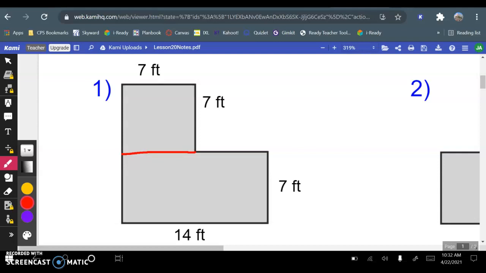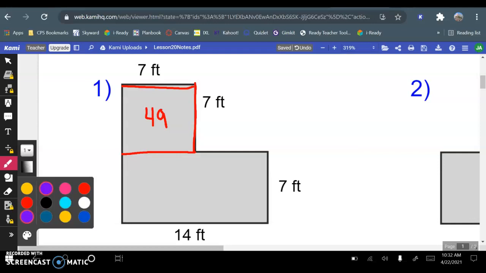So to look at this here, this is 7 by 7. So 7 times 7 is 49. So the area of that smaller piece is 49. Now, the larger rectangle here is 7 tall and 14 wide. So we have to do 14 times 7, which would be 70 plus 28.